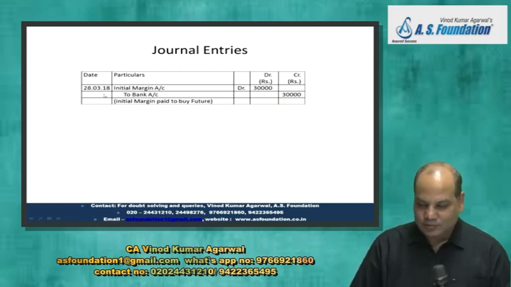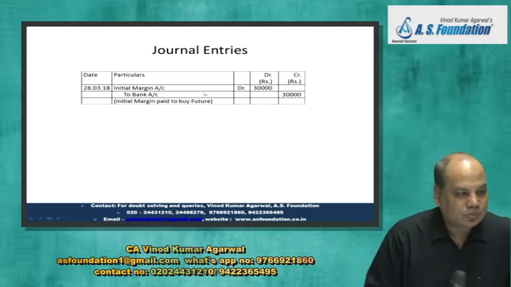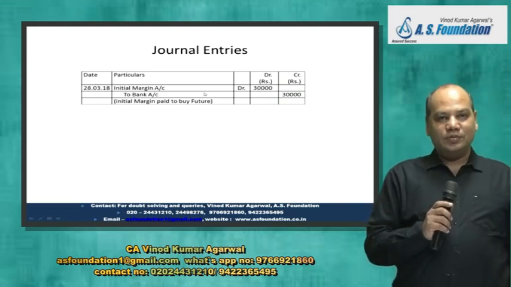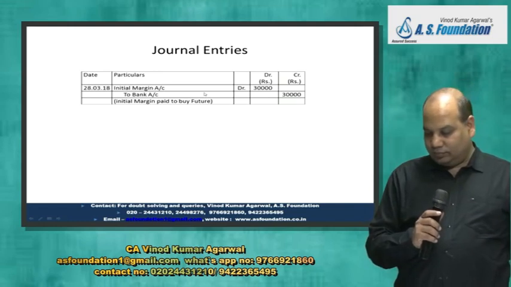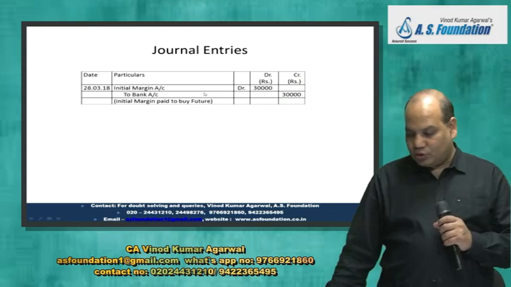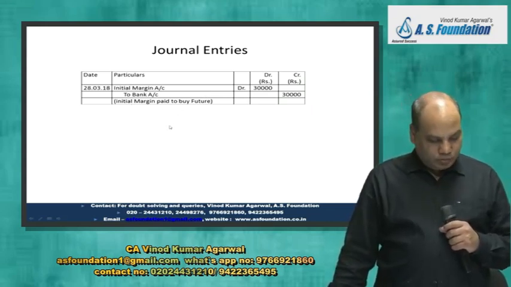First day we will write initial margin account debit 30,000, to bank account 30,000. You want to write narration also? Those who want to write fast: initial margin paid to buy future.